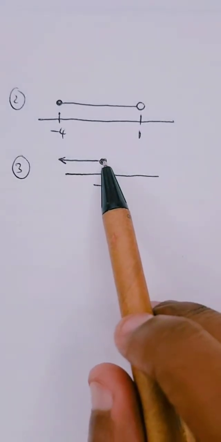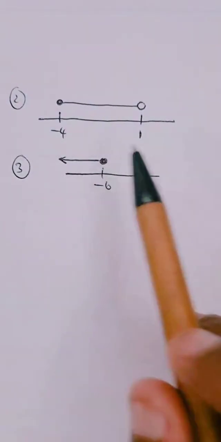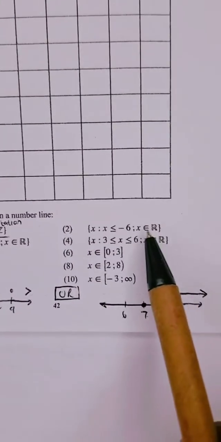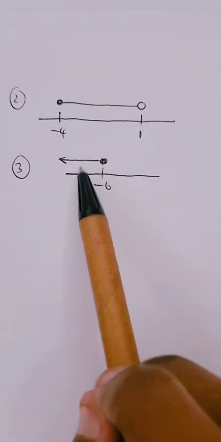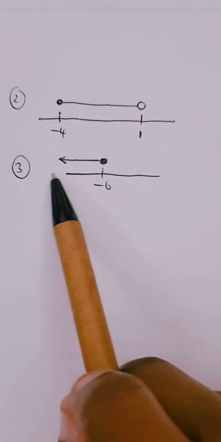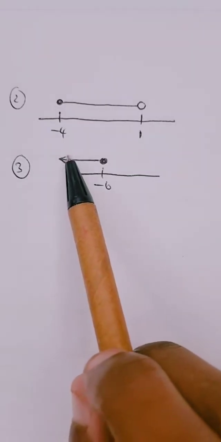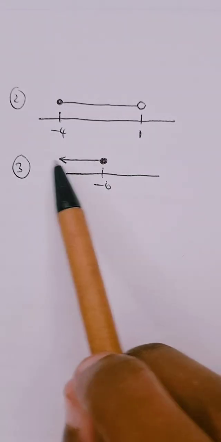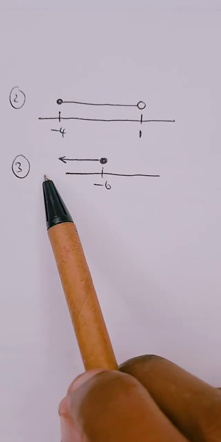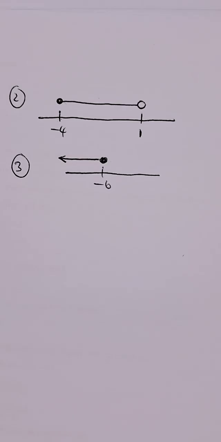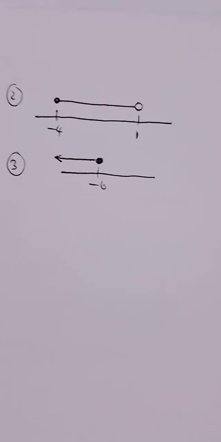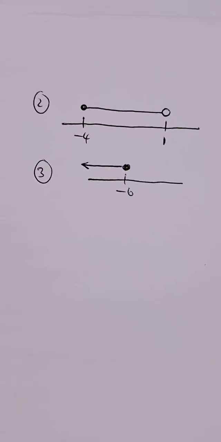The reason why we draw the arrow from the dot is because we are told that x is an element of real numbers. So that means we want to include all the numbers from -6 all the way to -infinity. This arrow from the dot is to represent all those numbers. Every single number imaginable that comes before -6 would be included as part of our answer as well. Okay, so I hope that's clear for you all, guys.